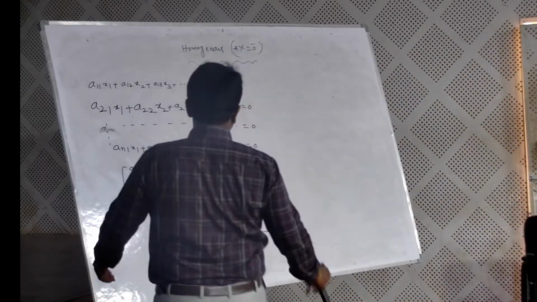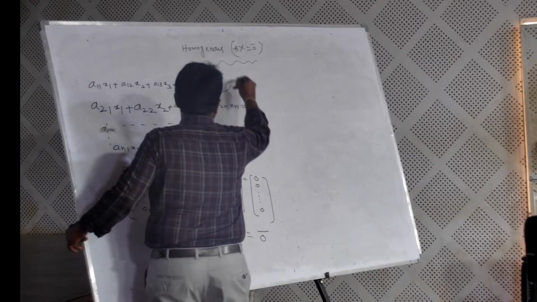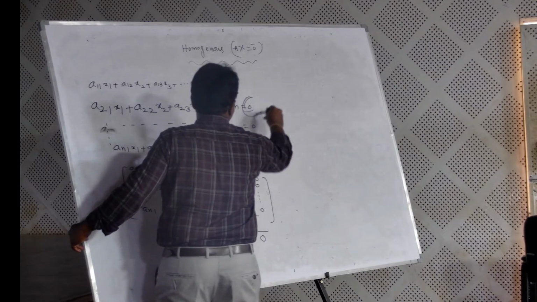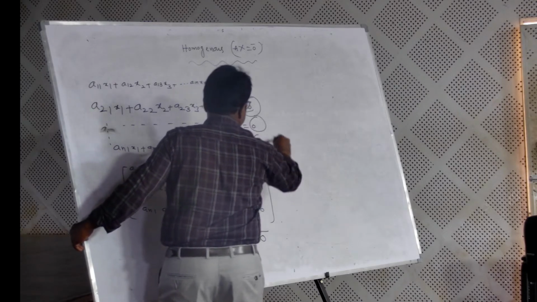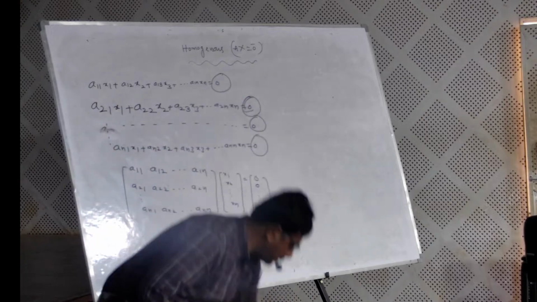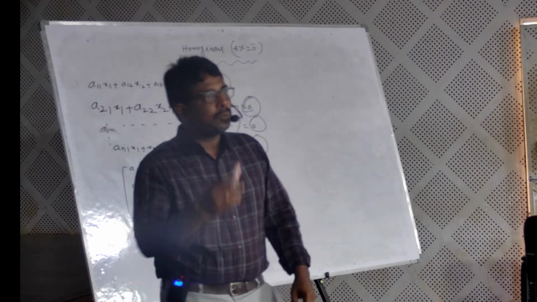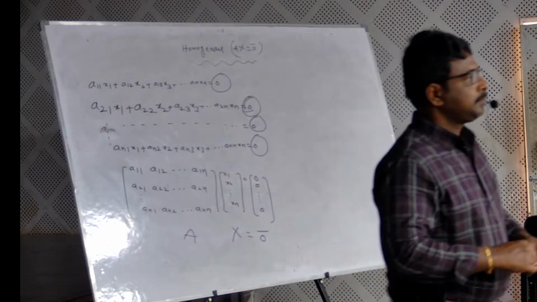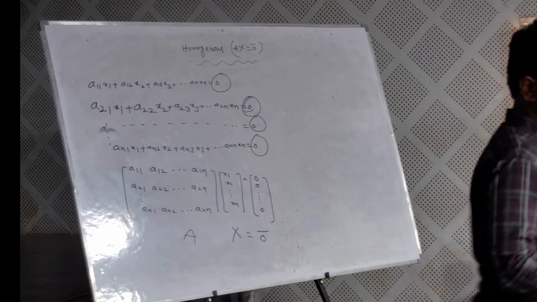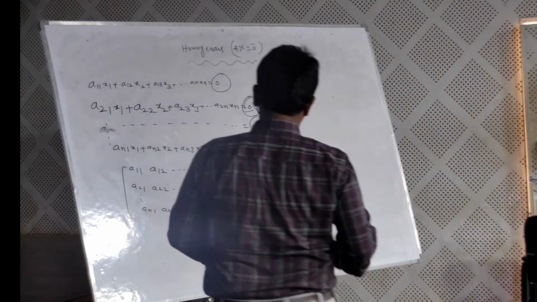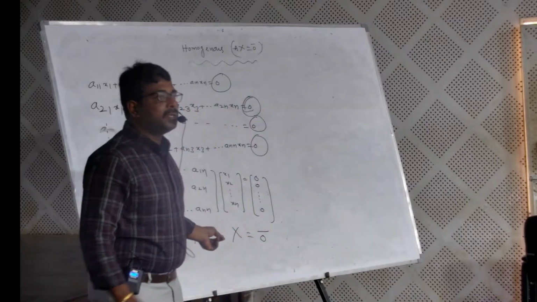When the right side of every equation is 0, that is a homogeneous system. Simply, what is a homogeneous system?